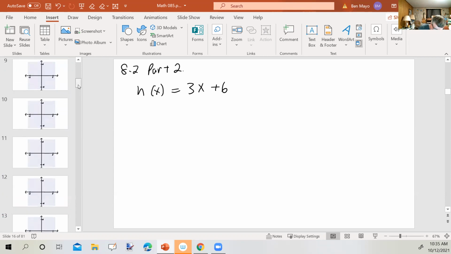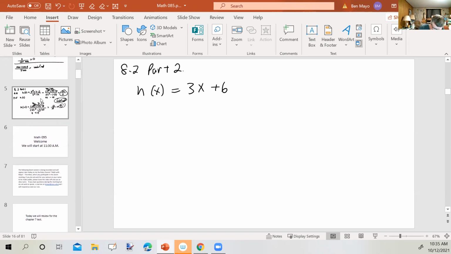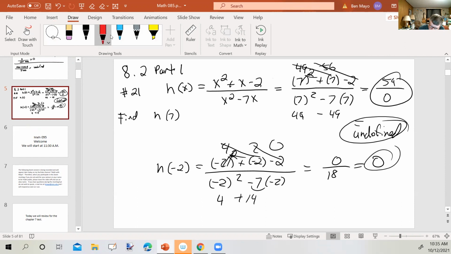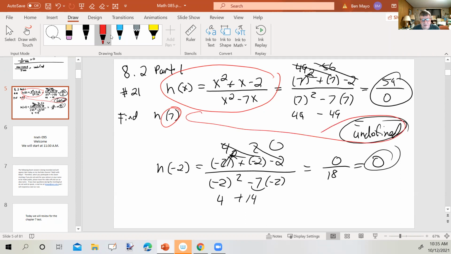I want to actually go back to this situation, okay? Given this function, 7 is not in the domain of the function because when 7 goes in, undefined comes out.